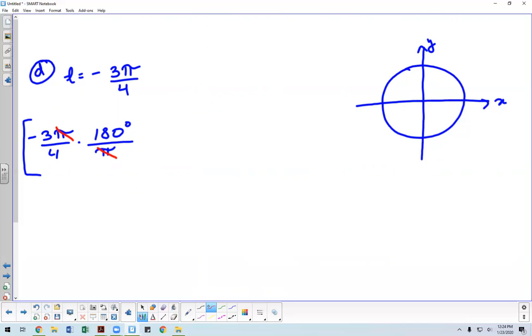So let's see, negative 3 times 180 divided by 4. Negative 135 degrees. So it's going to be third quadrant because it's more than 90 degrees.